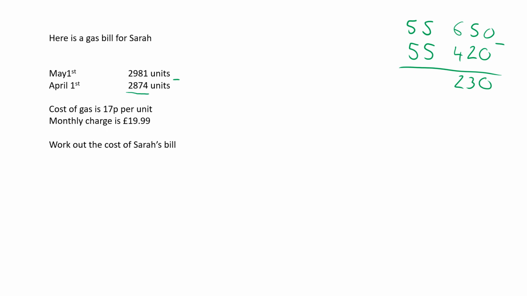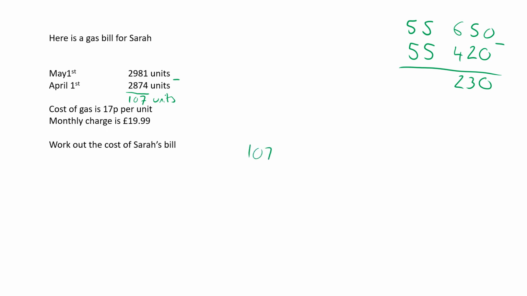Again, calculator paper, let's just type this in, don't be a hero. So 2981 subtract 2874, and that gives me 107. So in that month, Sarah has used 107 units of, sorry, of gas.